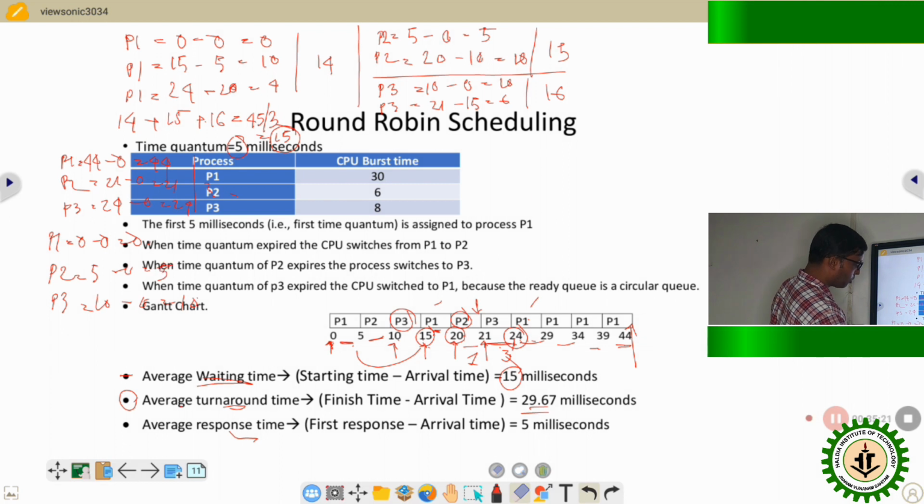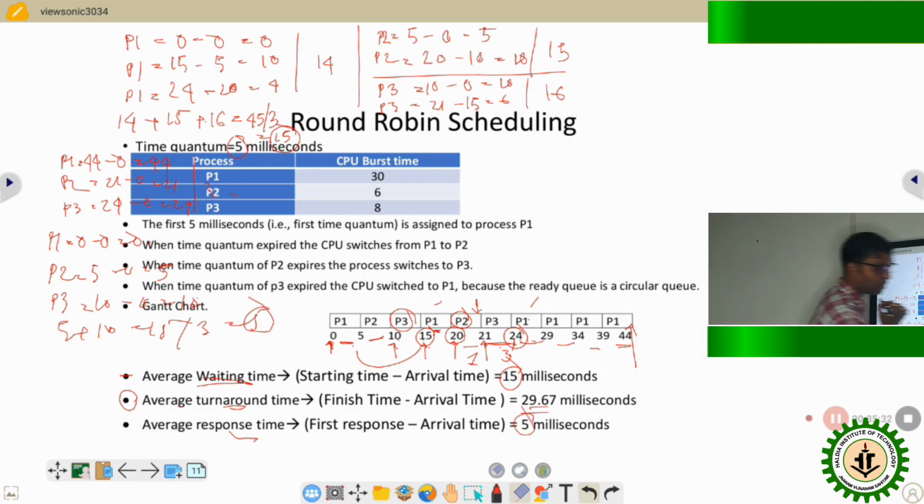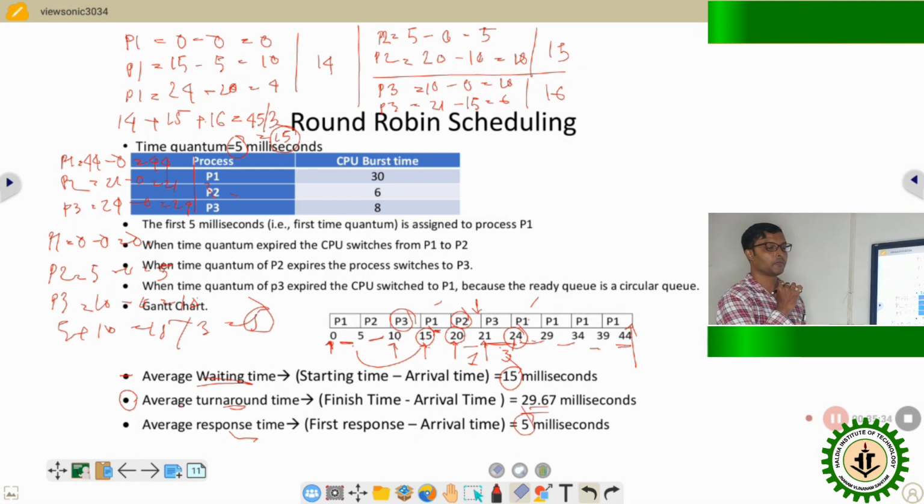This is 5. So 5 plus 10, that is 15, divided by 3, that is 5 milliseconds. So this way we can construct the round robin scheduling algorithm.